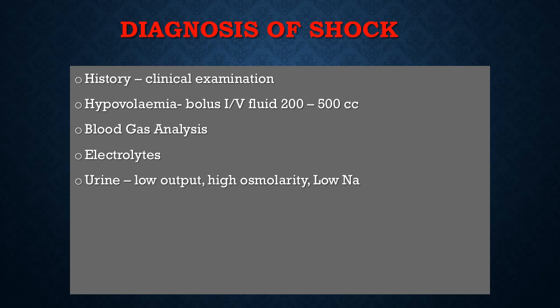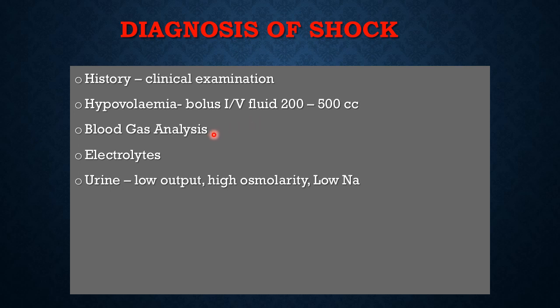The diagnosis of shock generally depends on the history and clinical examination. In cases where you're suspecting hypovolemia, you may give a fast bolus of IV 200 to 500 ml of crystalloids, and if the central venous pressure goes up, then you know that your patient is in hypovolemia.